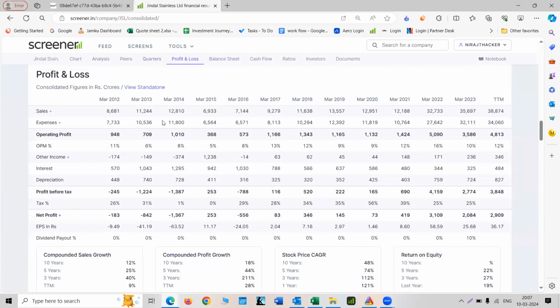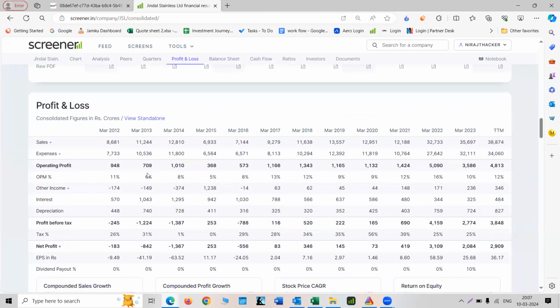You can see sales from 2012. What is the highest margin and what is the lowest margin? Till now, 16% is the highest margin. What is the lowest? In 2022, the lowest was 6%, 5%. 5%. Correct.